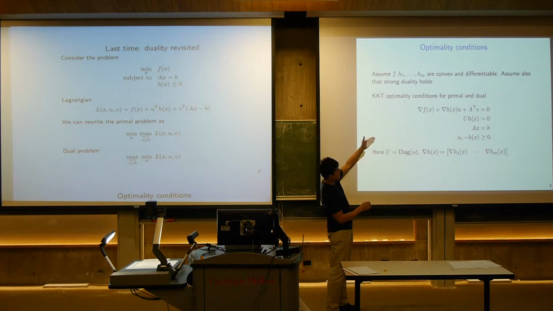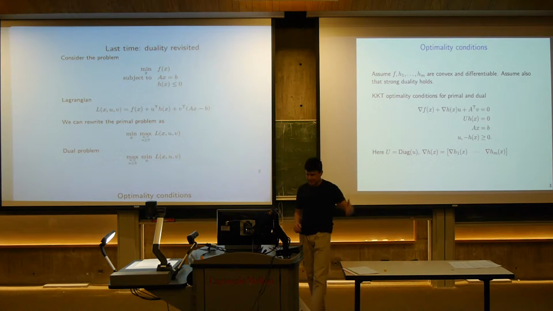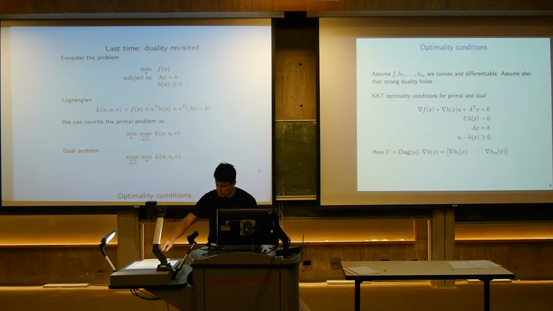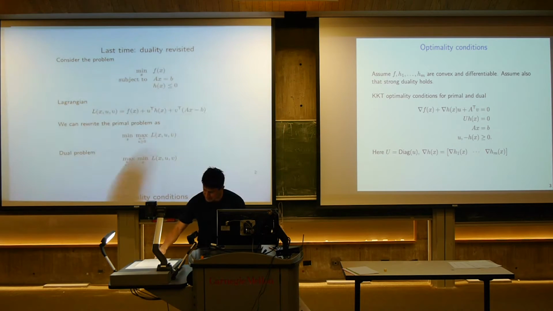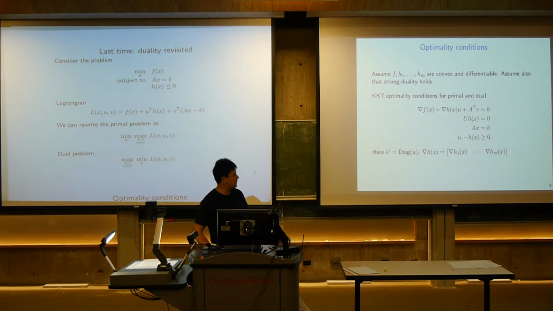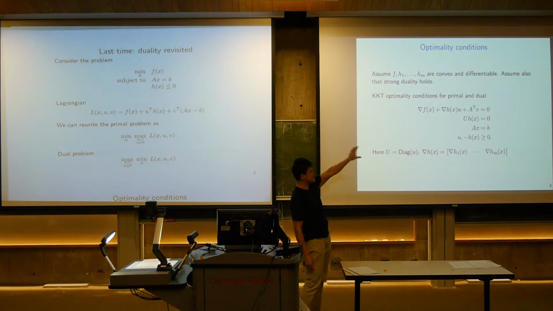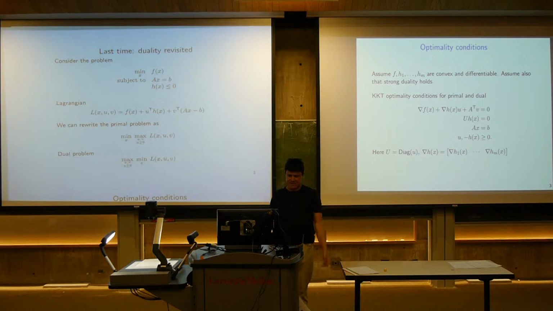So finding the optimal x for the primal problem and the optimal u, v for the dual problem is equivalent to solving that complicated system of equations there.